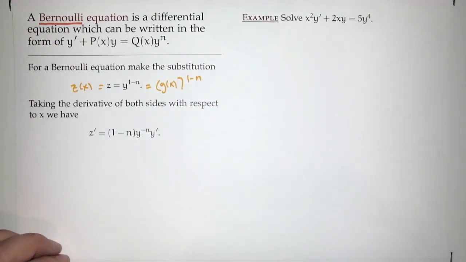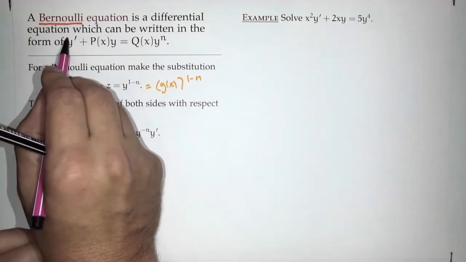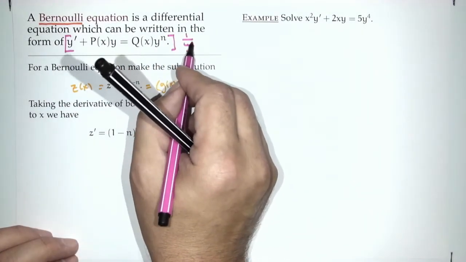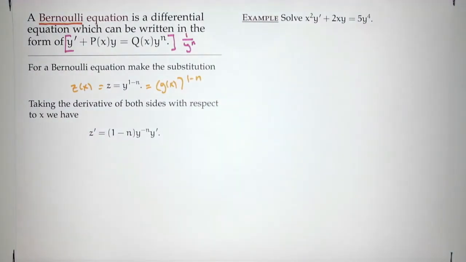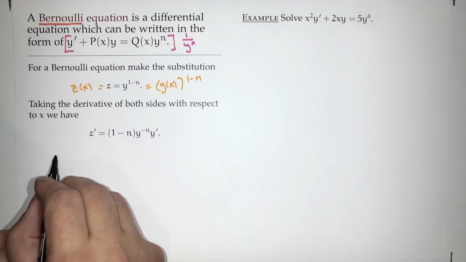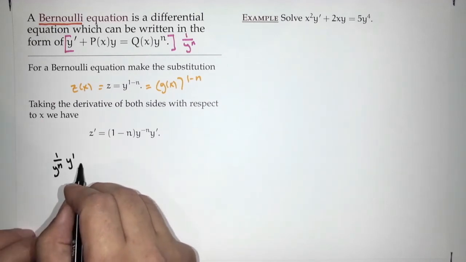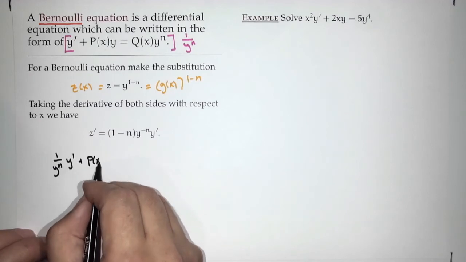So let's go ahead, and I'm going to start by saying, take your original equation and multiply everything by 1 over y to the power n. And let's see what we have. So if we do that, we have 1 over y to the power n, y prime, plus p of x.